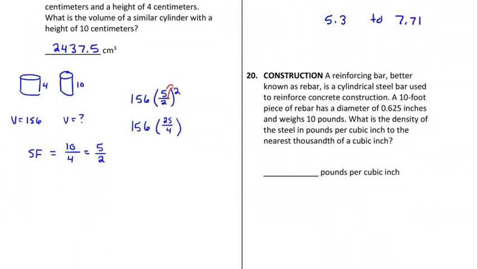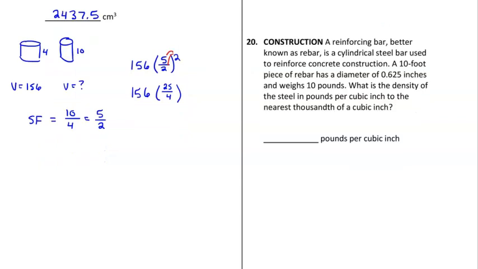And then for number 20, same thing, pounds per cubic inch. And if we're talking about cubic inches, we must be talking about volume. And so this is going to be pounds over volume.